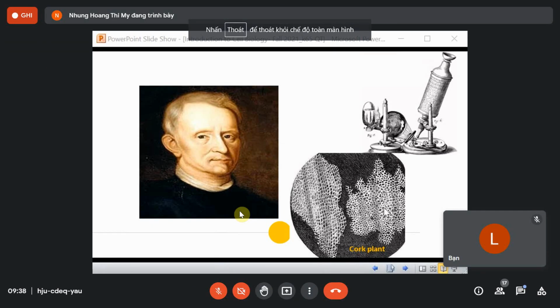So he called this a small room, and in ancient Greek it is called the cell. So the cell means the tiny room or the small room. So the word cell was first given by Robert Hooke based on what he observed on the cork slice through his microscope.